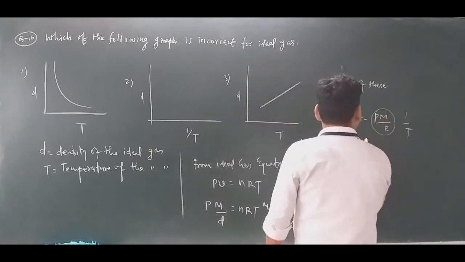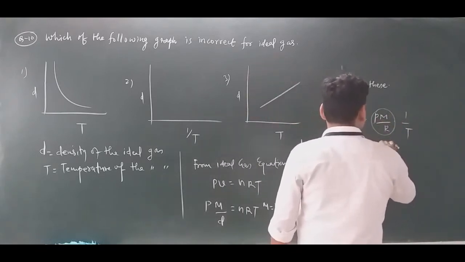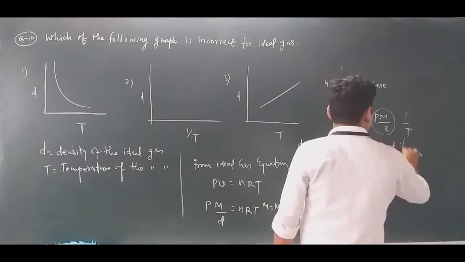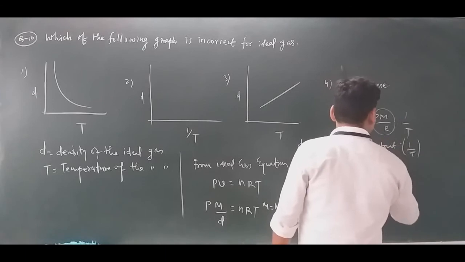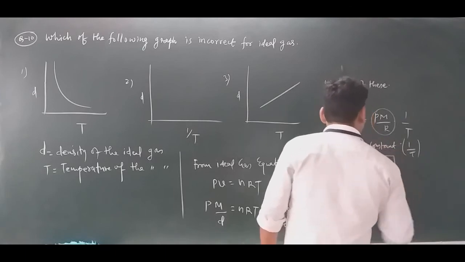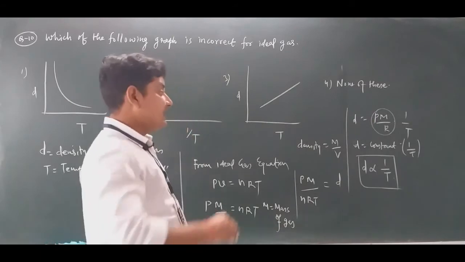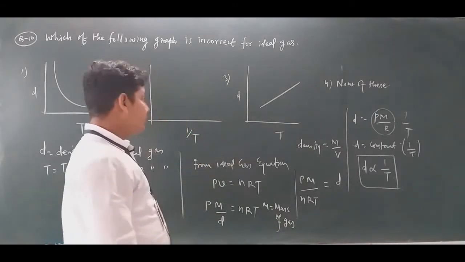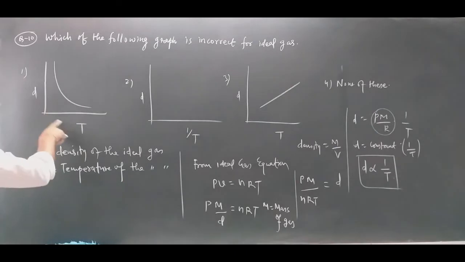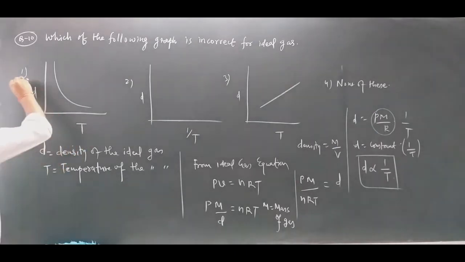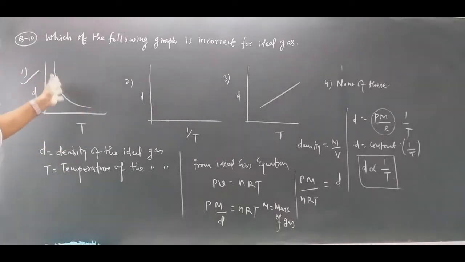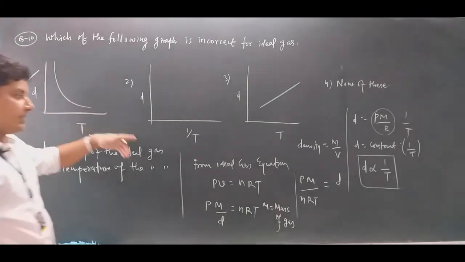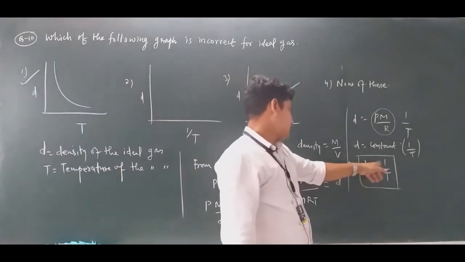So D is equal to constant into 1 by T. That means D is proportional to 1 by T, so D is inversely proportional to T. So this graph is correct, because the inverse relation of temperature and density is best explained by this graph.